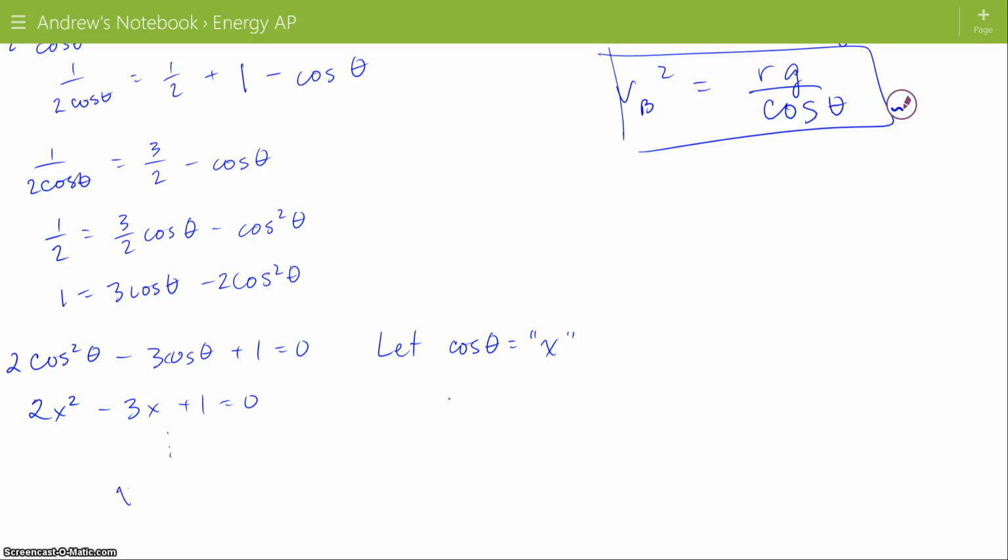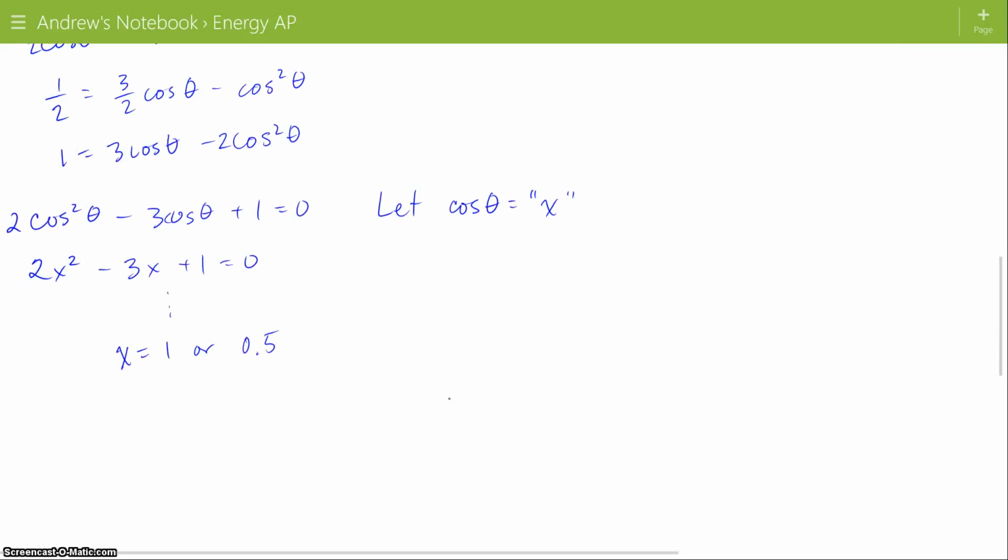And you get x equals 1, or x equals 0.5. So that means that the cosine of theta, and we're almost home here, is 1 or 0.5. If you take the inverse cosine of both of those, theta equals 0 degrees, or theta equals 60 degrees.